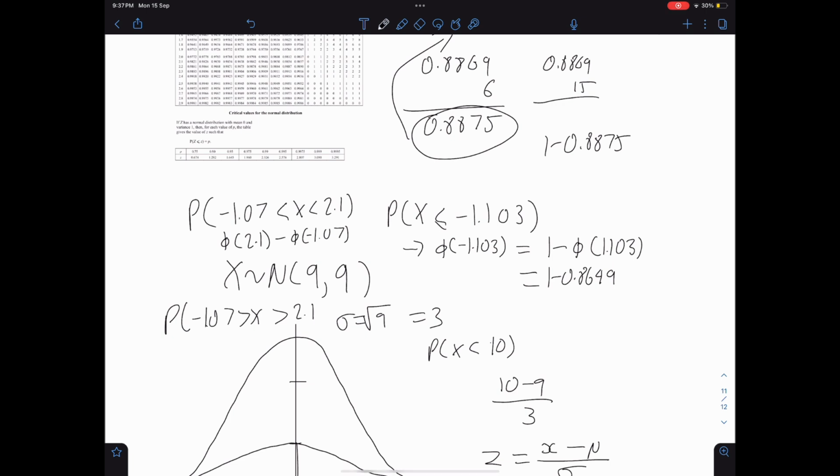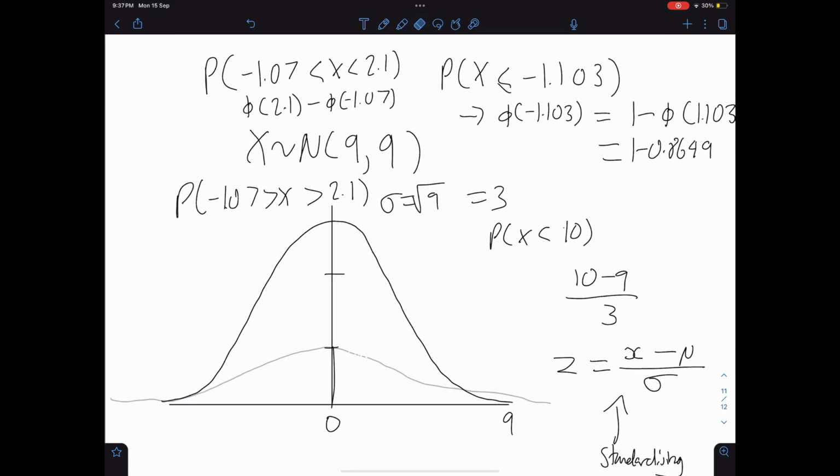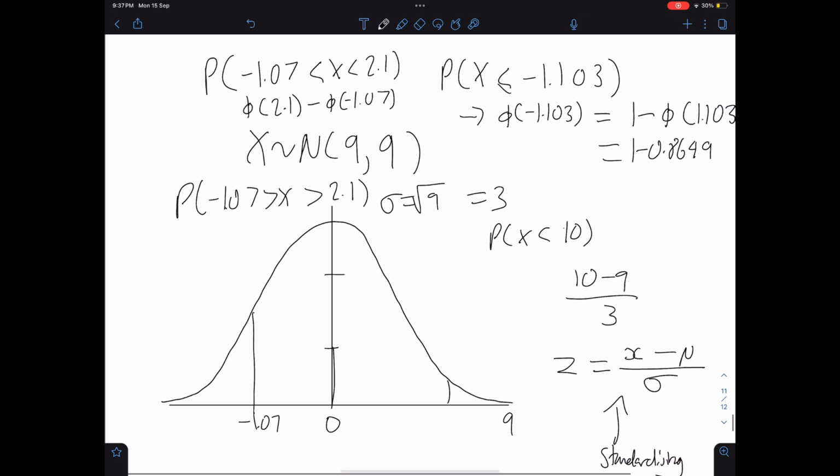What this means actually is, say this is negative 1.07 and this is 2.1, it's asking for this probability, so this would be equal to phi of negative 1.07, but then you'd have to add 1 minus phi of 2.1, because you're adding the probability that it's greater than 2.1.